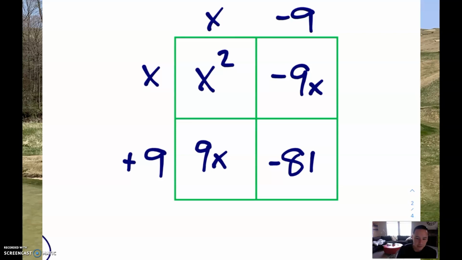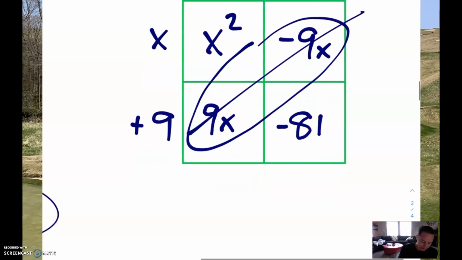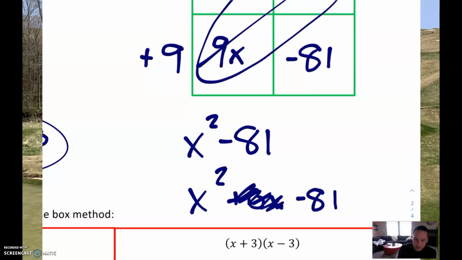And now you're going to see why it's one of these special cases. When we have 9x combined with a minus 9x, it becomes 0. It's gone. So all that's left is x squared minus 81. You could think of it as x squared plus 0x minus 81, but that 0, we don't write that anyway.